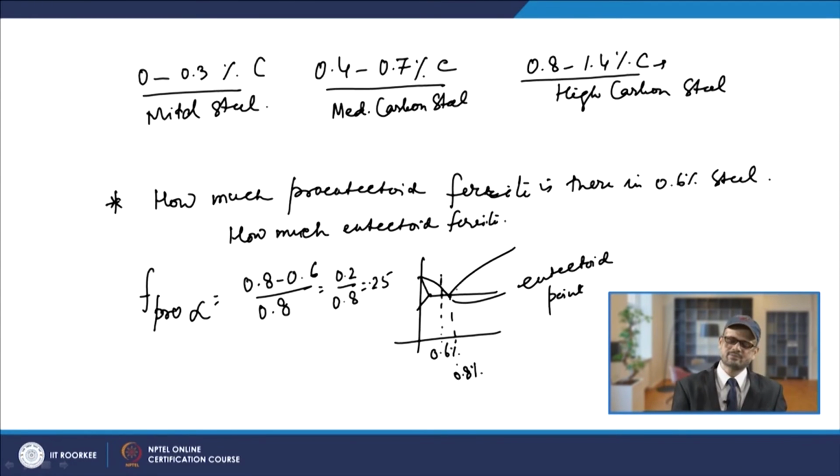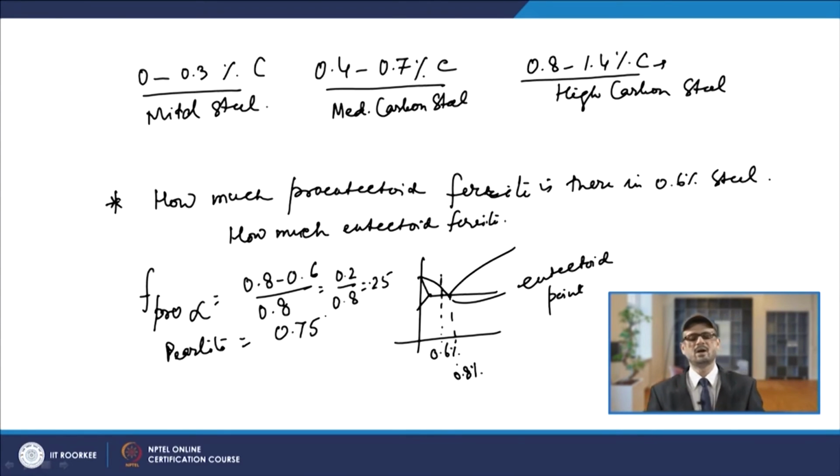The ferrite which is formed before this point will be pro-eutectoid ferrite. Now, at this point you will have the formation of pearlite, so you will have the rest as pearlite. So, pearlite will be 75%, that is 0.75.